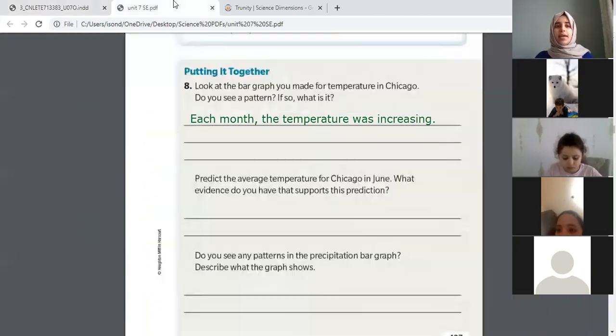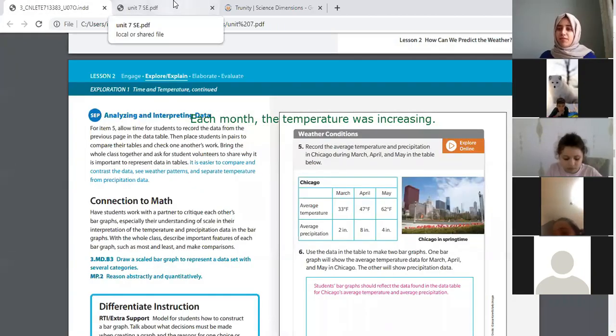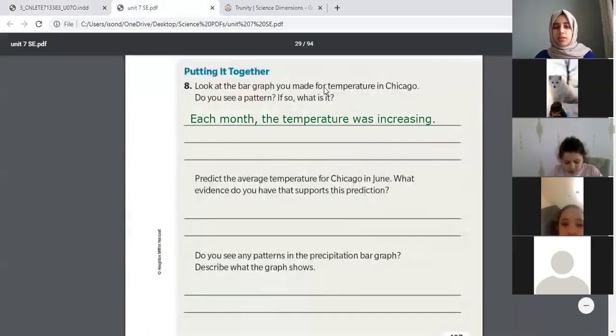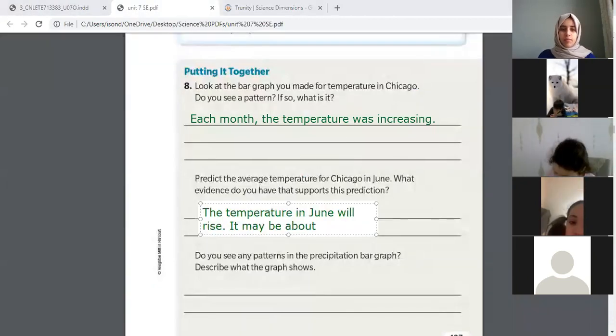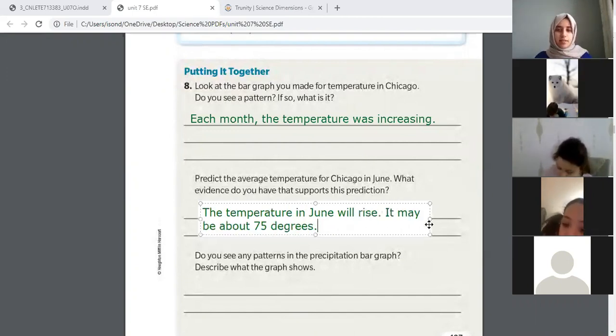So we can add 13, for example, because the first time it's increasing by 12, and the second time it's increasing by 15. So what's 62 plus 13? 75. So it can be almost 75 degrees. Good job, Yara. The temperature in June will rise. It may be about 75 degrees.